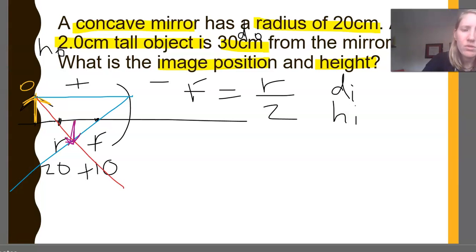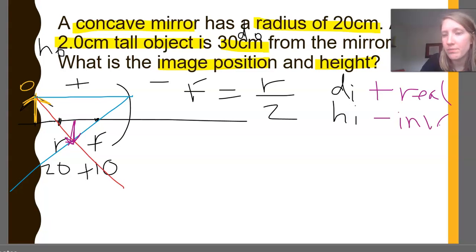So we should be getting an image that is a positive DI because it is real, and all real images are upside down, inverted, so we should have a negative HI for inverted. All right, so let's do the math to make sure that all of that checks out.